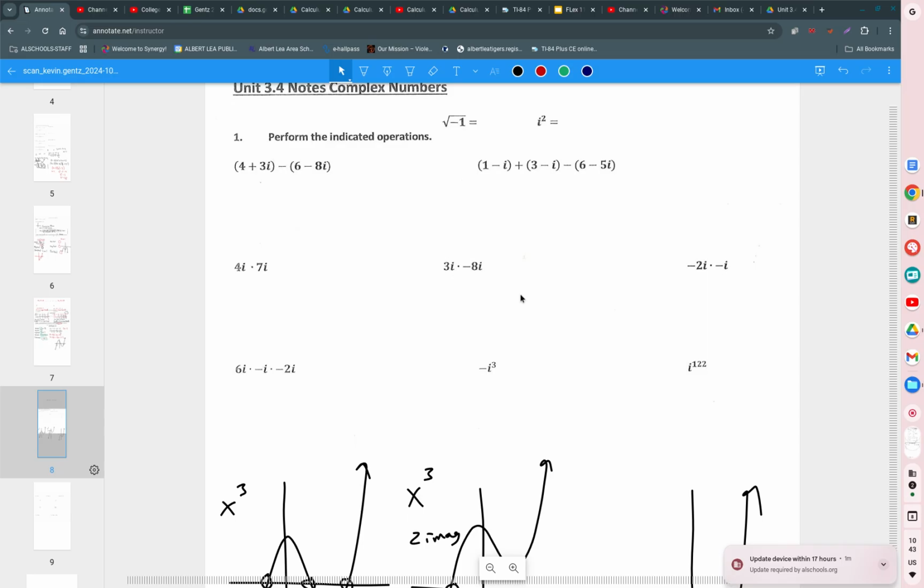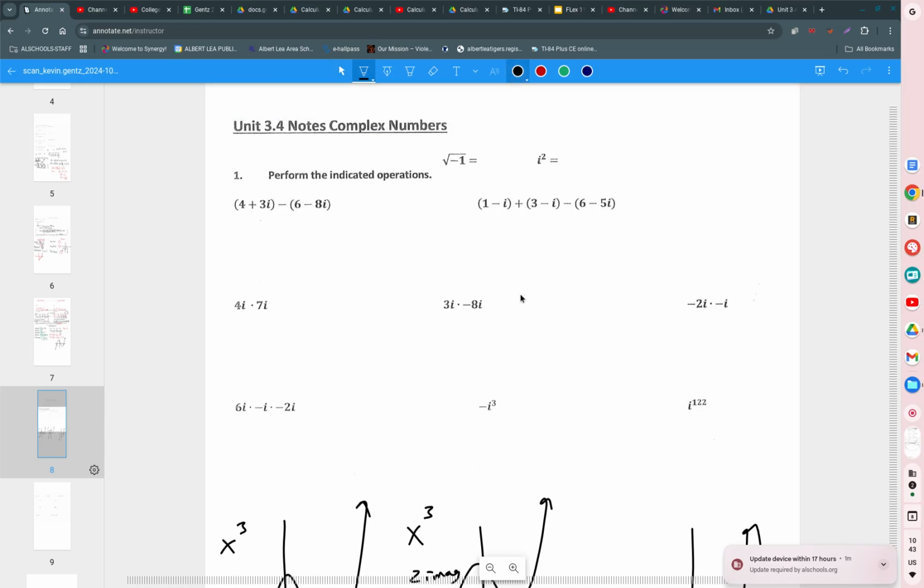I think that you've seen this before. The square root of -1 is i. And i squared is -1. So those mean the same thing. The square root of -1 is i, and i times i is -1. Our goal today is to be able to write complex numbers in standard form.